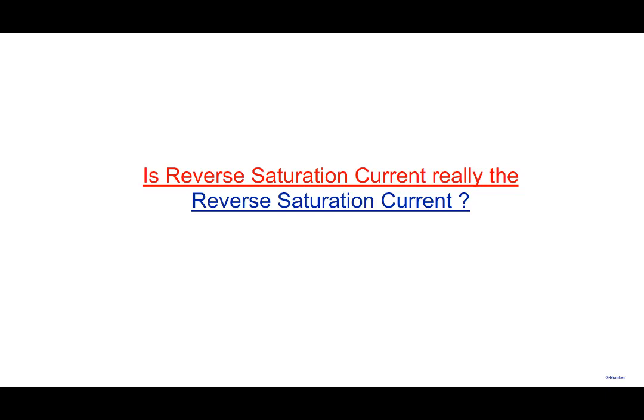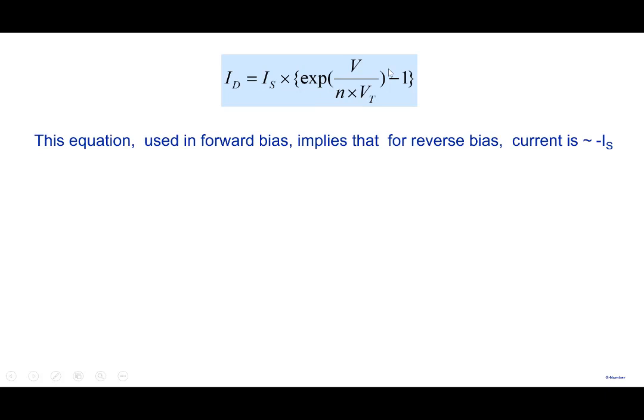This is also something that you can explore in the lab. Is it really the reverse saturation current? What do I mean by that? Well, this is the equation that we are using, in forward bias. Remember, we are measuring the characteristics in forward bias and fitting this equation.